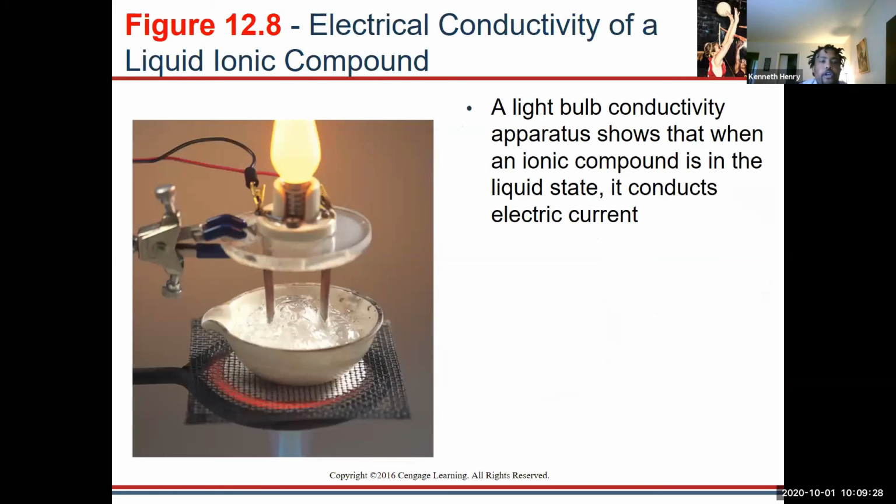So this is showing you when we melt salt. Now you need a lot of energy to melt salt. So we could actually do it with the Bunsen burner. It'll take a while and it has to get really, really hot. Now we have this connected to a battery. If we just put it straight in the solid salt, we wouldn't get any signal at all.